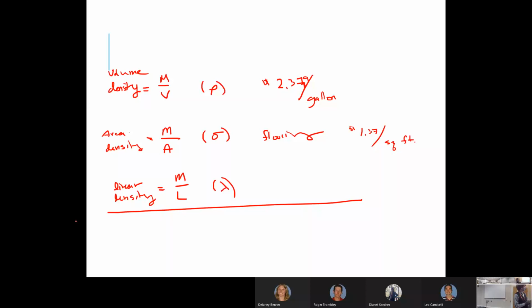This is a constant, epsilon naught, and this is called the permittivity of free space. Or if you want to put in parentheses, vacuum.